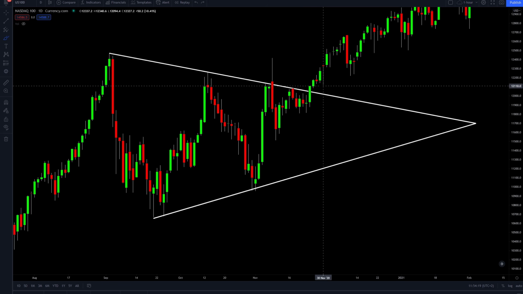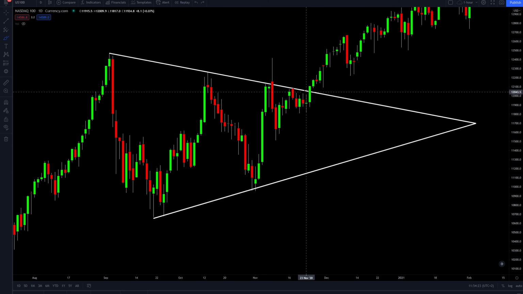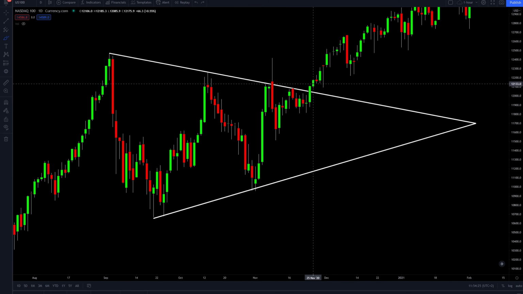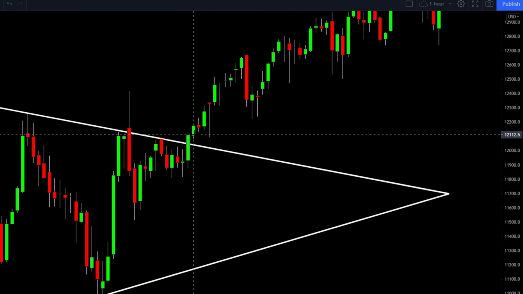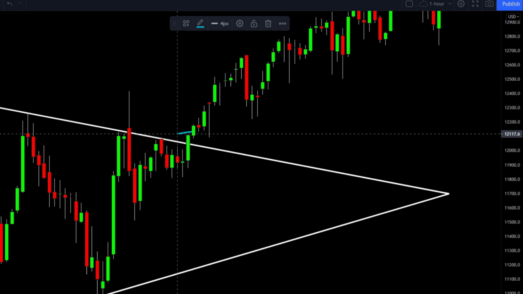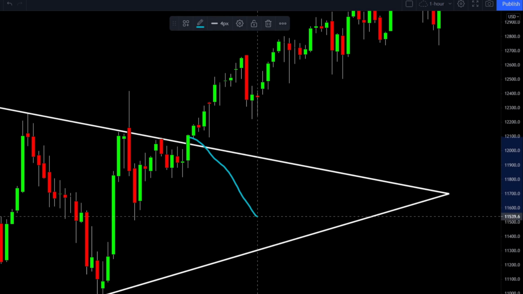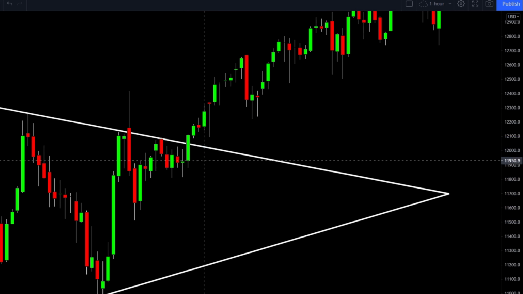Another method, which you can use if you are a bit more conservative, is that a lot of traders don't like to enter right at the breakout like here, because there is still a high possibility that it will be a false breakout and that we will fall right back into the triangle.